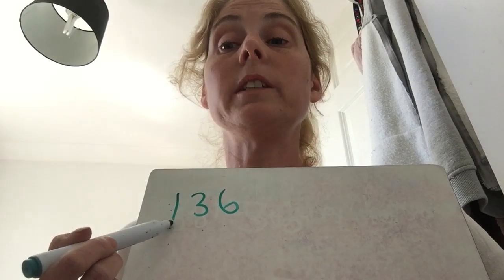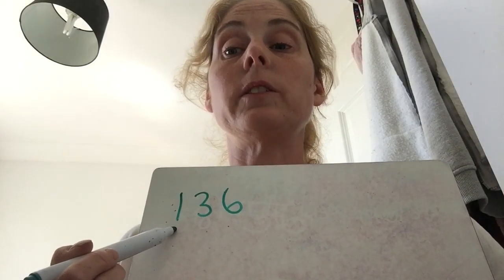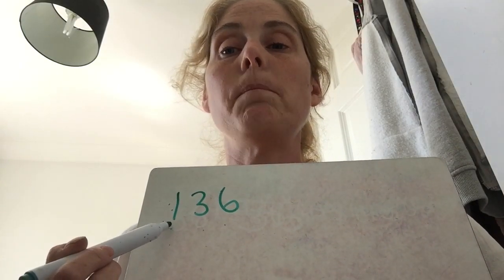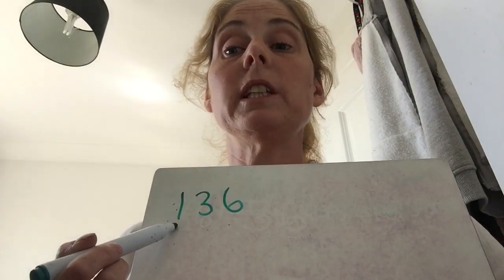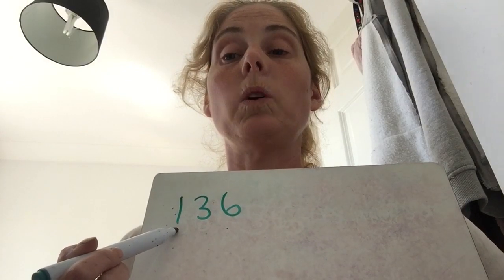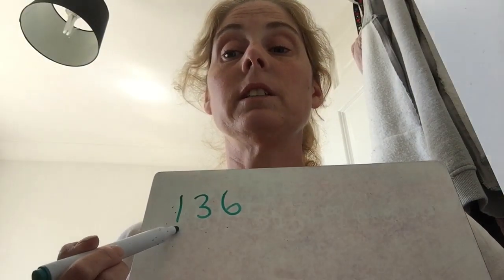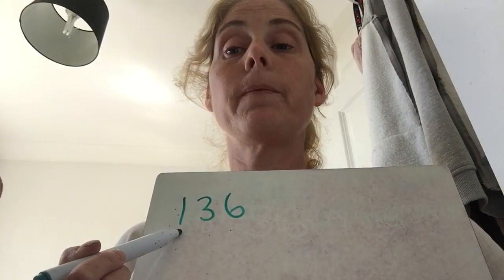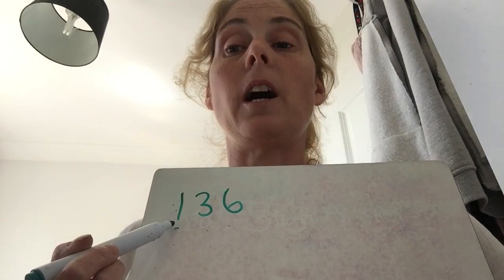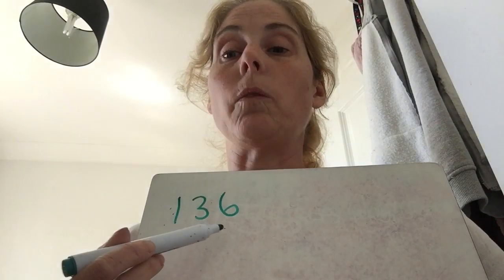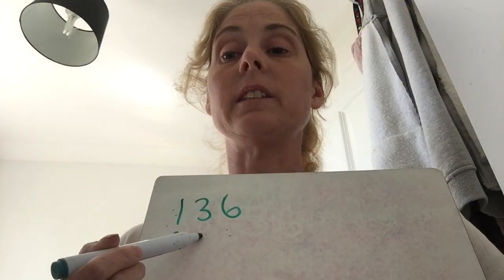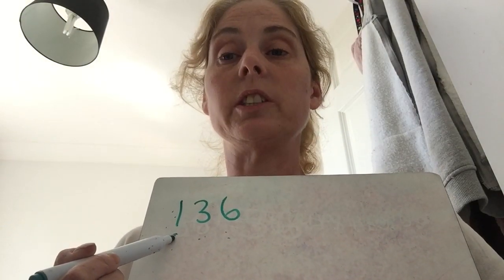So then I wonder if you could tell the adult that's with you which number comes before the tens number. What's this number here? What is it? Tell the adult with you. I'm hoping you said that it's the hundreds number. So we've got the ones, the tens, and the hundreds.